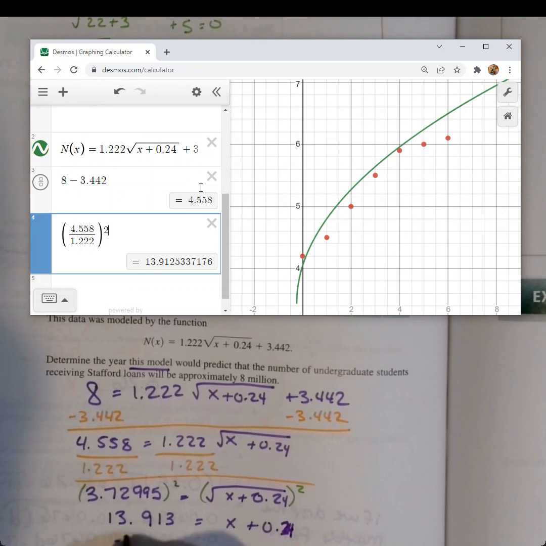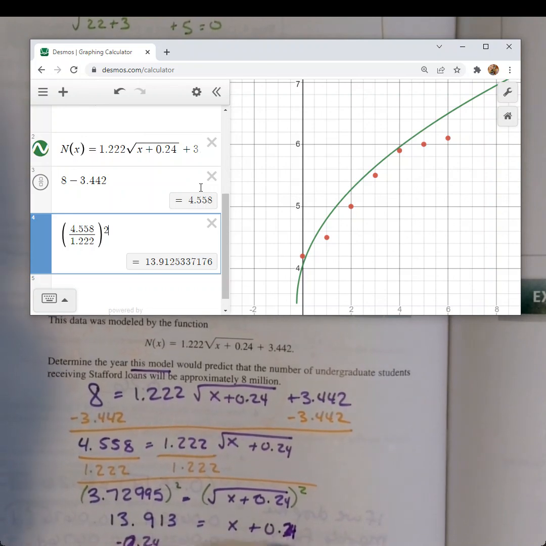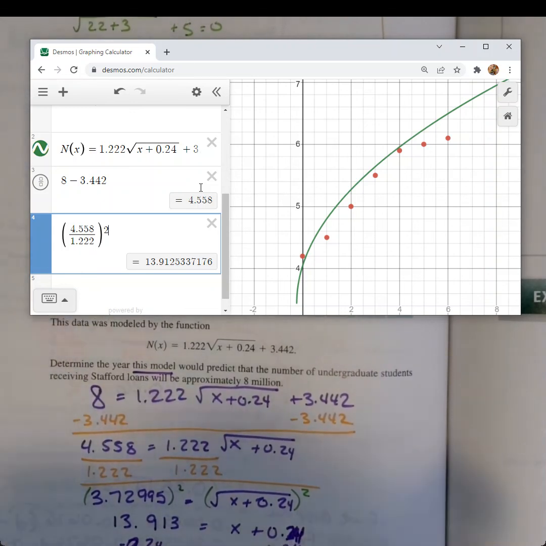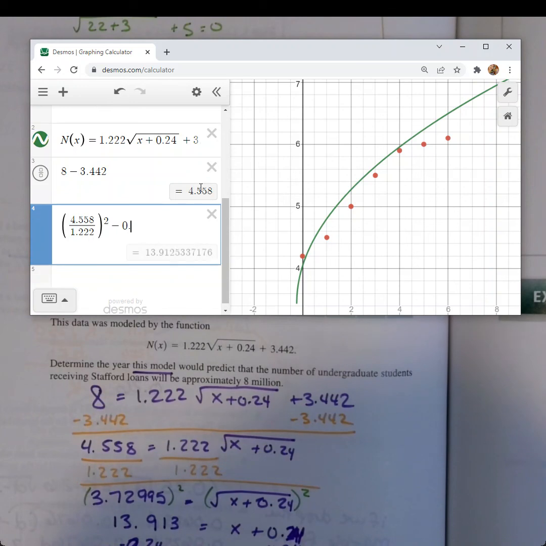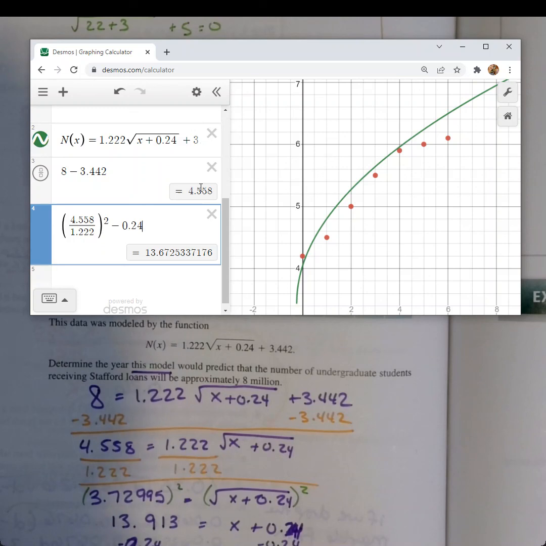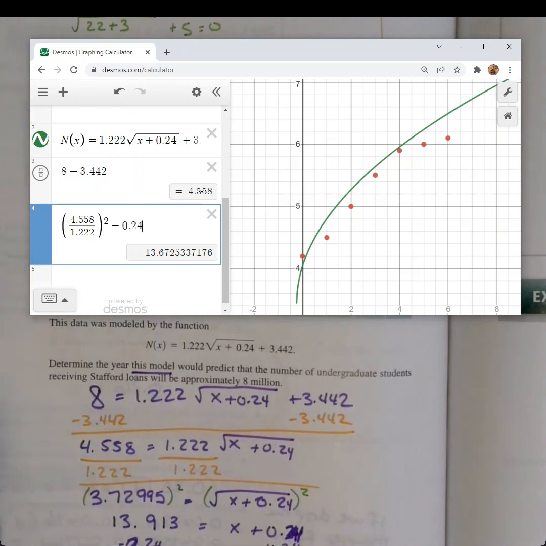And then I'm going to have to subtract that 0.24. It's kind of blurry there. There we go, 0.24 from both sides. Got the number there, so I'm just going to minus 0.24. And I get 13.673 equals x.